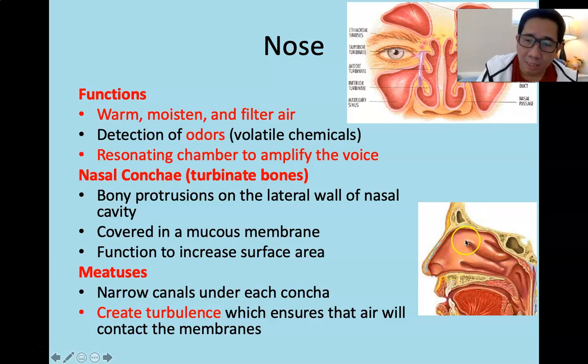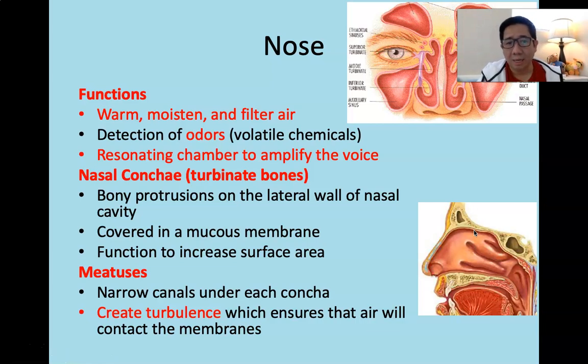For some reason, the coronavirus affects this part. Apparently, the majority of people who have coronavirus lost the sense of smell. So that's one of the telltale signs. If you lost a sense of smell and have cough and fever, more likely you could have coronavirus. Okay, so it's up here, which affects this part of your body as well.